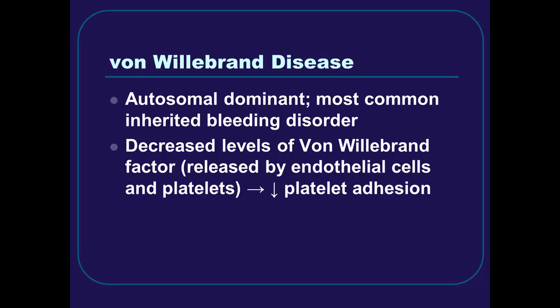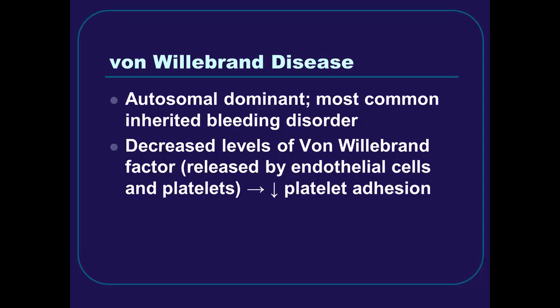So what happens in von Willebrand disease, you have decreased level of von Willebrand factor because of the genetic defect. So you don't have sufficient von Willebrand factor. As a result, then, you have decreased platelet adhesion. You don't have enough of the factor to cause that platelet adhesion at the site of the injury. Therefore, you will see bleeding.